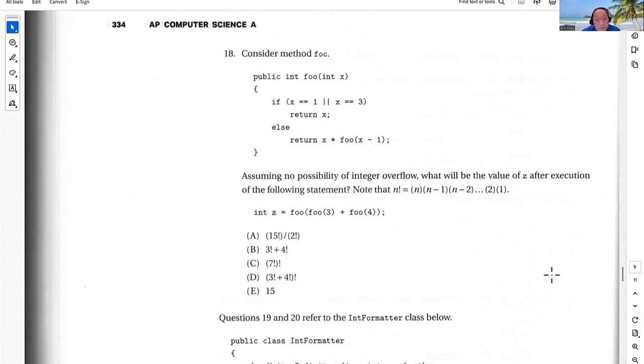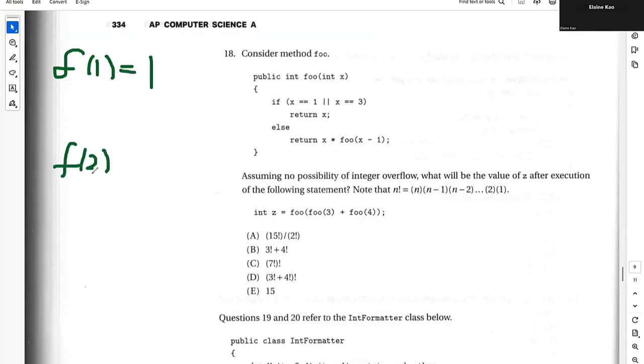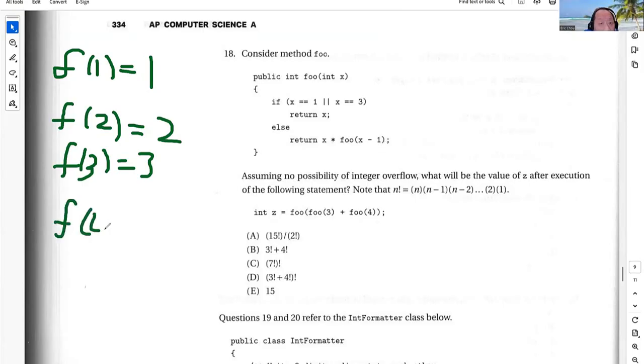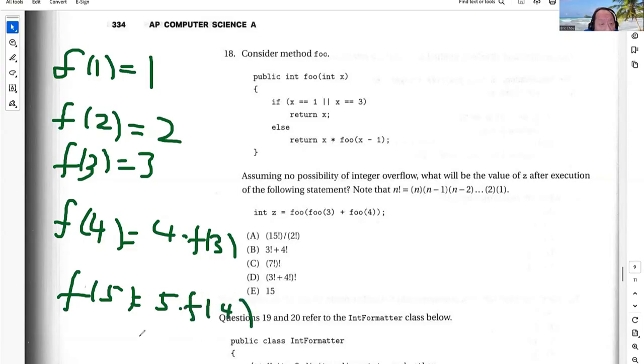Number 18. How to do this one? So what's going on?